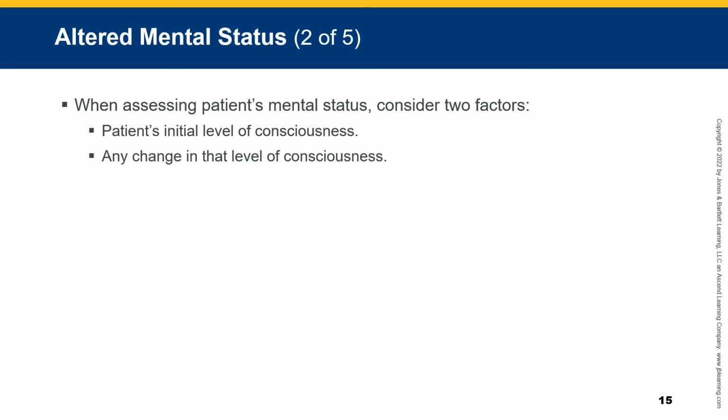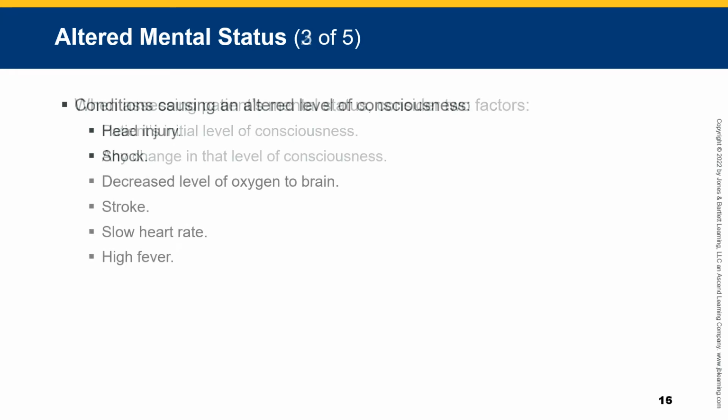So when assessing the patient's mental status, consider two factors: the patient's initial level of consciousness and then any change in that level of consciousness. There are many different conditions that may cause an altered level of consciousness, including head injury, shock, decreased level of oxygen to the brain, stroke, a slow heart rate, or high fever.